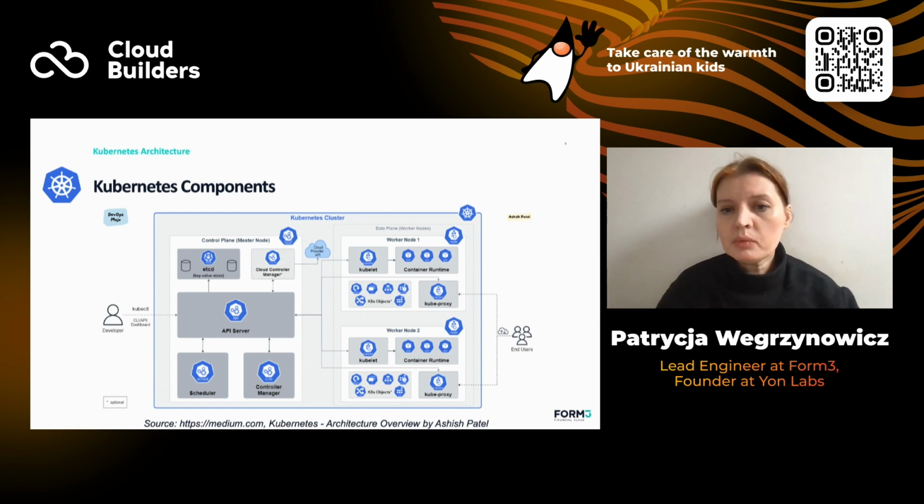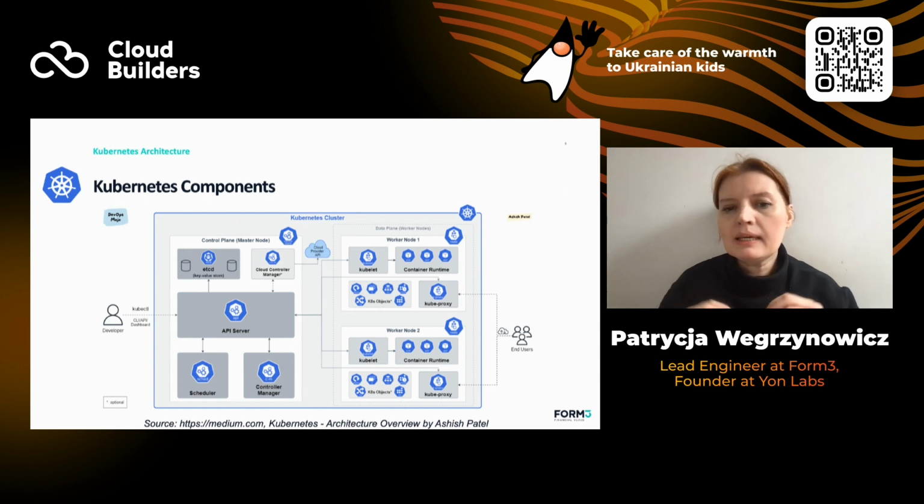On the other hand, worker nodes are the place where the actual fun happens and the actual work happens. So worker nodes basically run your application workloads. Each worker node has kubelet.